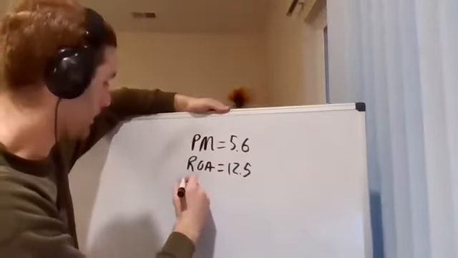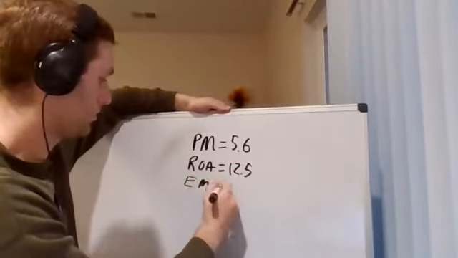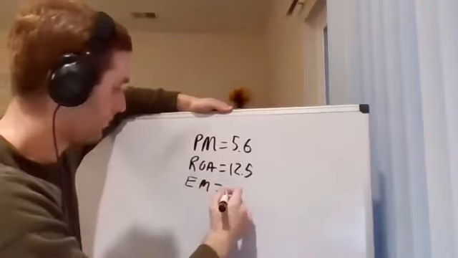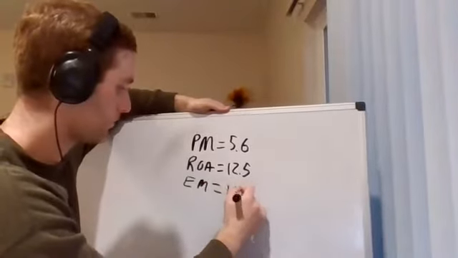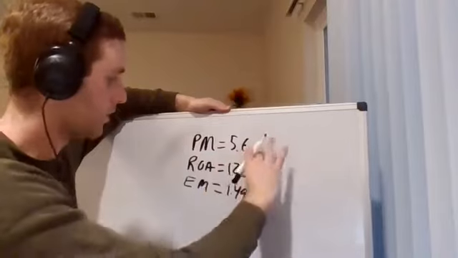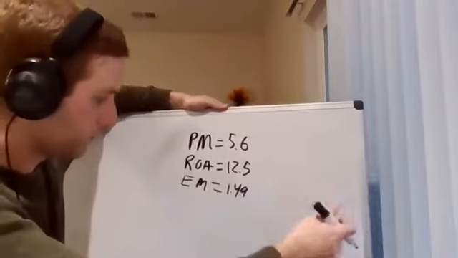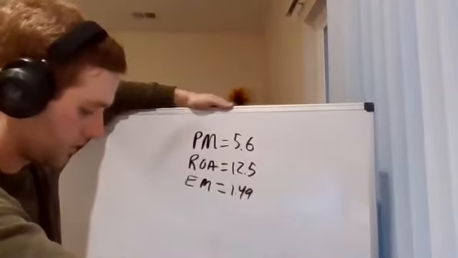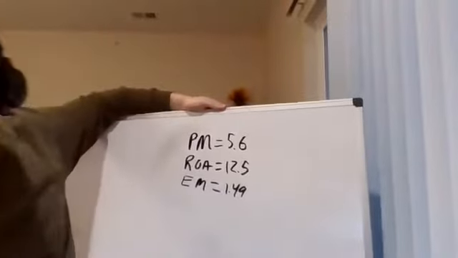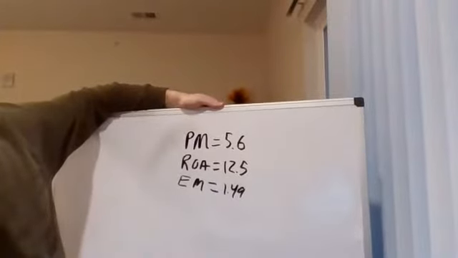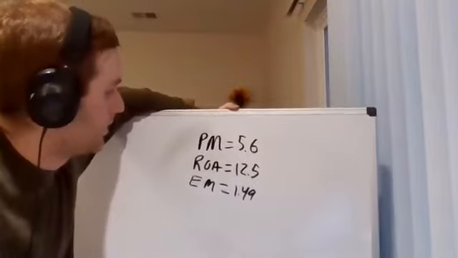And our equity multiplier equals 1.49. So we already have two of these, but we don't have our total asset turnover, which is our sales divided by total assets.